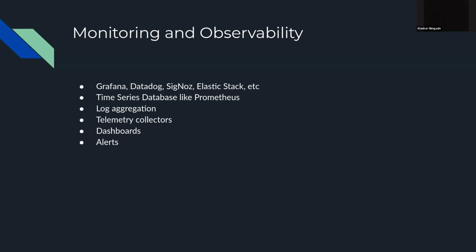You can extend it in many ways, and you can do it with tools like Grafana, Datadog, Dynatrace, or Elastic Stack. These are the front end for visualizing all the data you have.